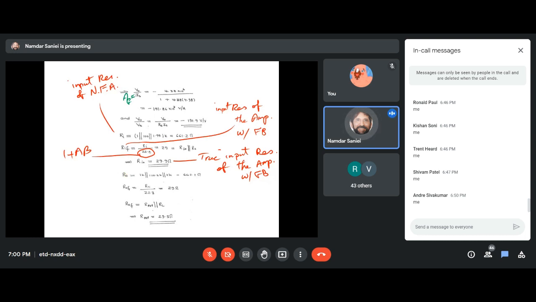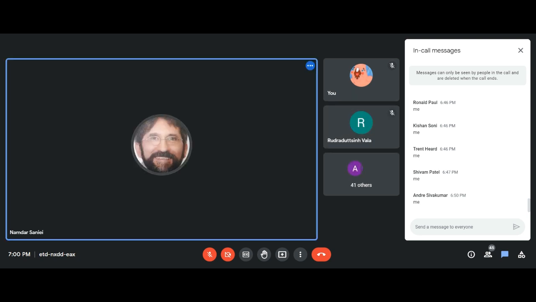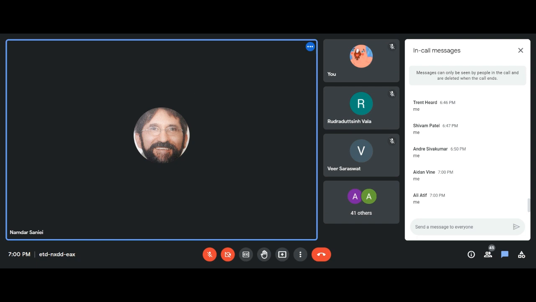If not, let me go and find the lecture that we had explaining resistance extraction in parallel combination. Let me see, that must be this one. Yeah, here it is.